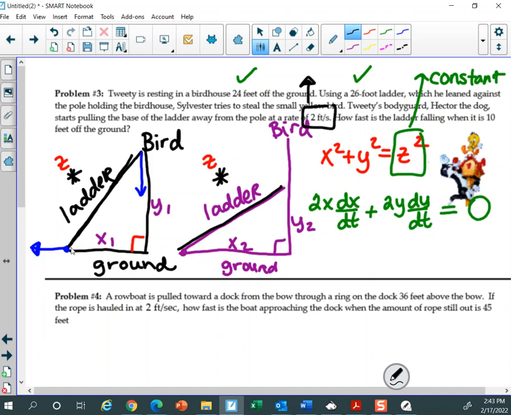Hector's pulling the base of the ladder away from the pole. He's pulling this at a rate of 2 feet per second. So the 2 feet per second is how x is changing. How fast is the ladder falling? That is how y is changing.